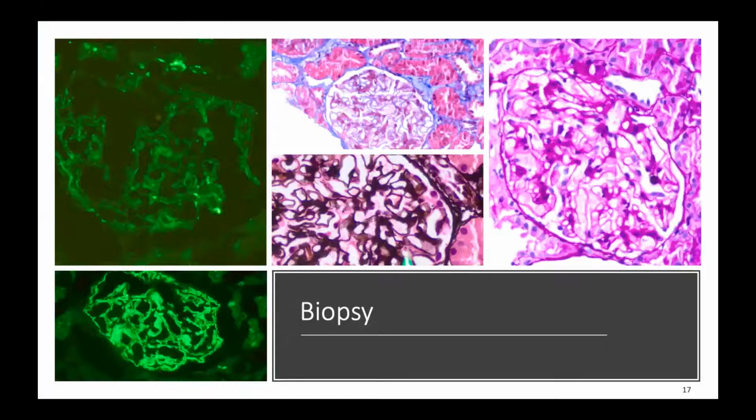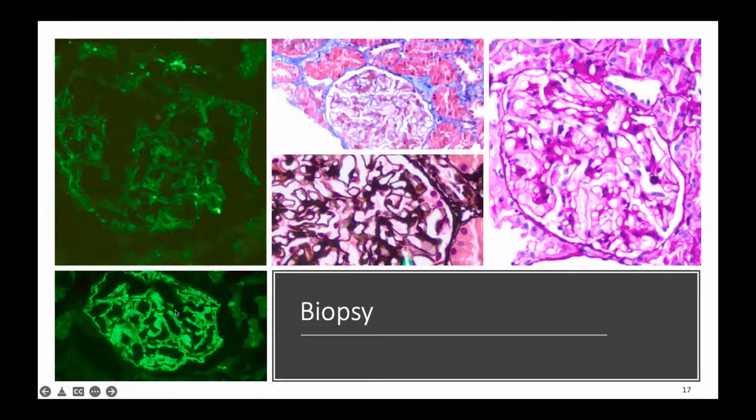These are the biopsy images. As you can see here, there is diffuse thickening of the basement membrane, and on silver staining, there are faint spikes. This is not very evident here, and there is no significant atrophy on the MT stain.